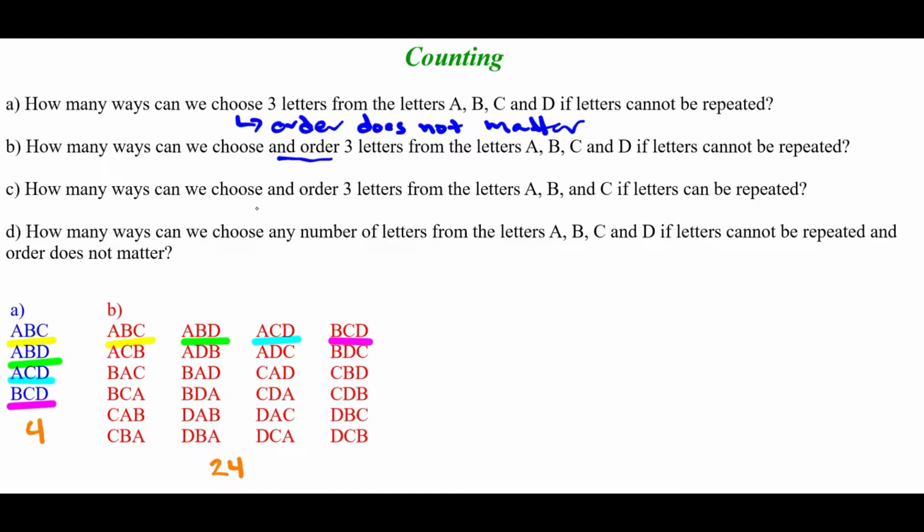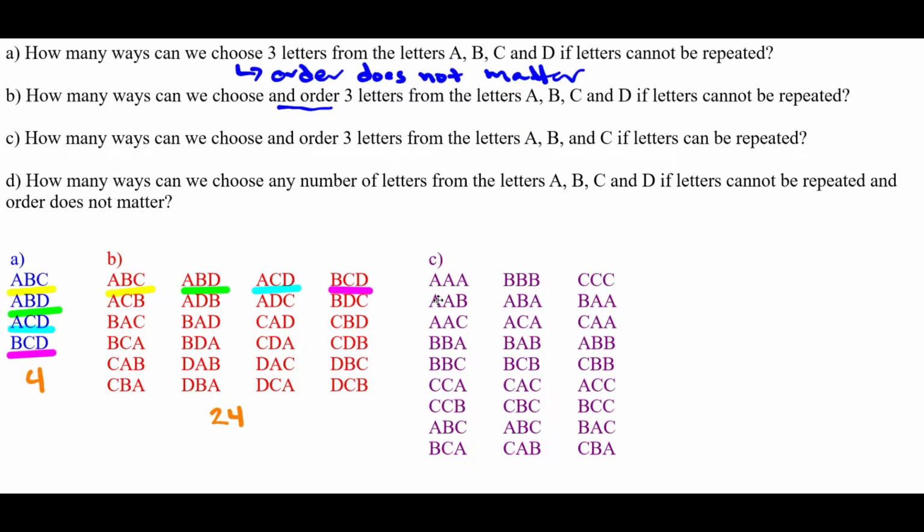C, how many ways can we choose and order 3 letters from ABC? Notice now we only have 3 letters to choose from. We're going to choose and order those 3 letters, but this time the letters can be repeated. So in this case, you can see all of the combinations.